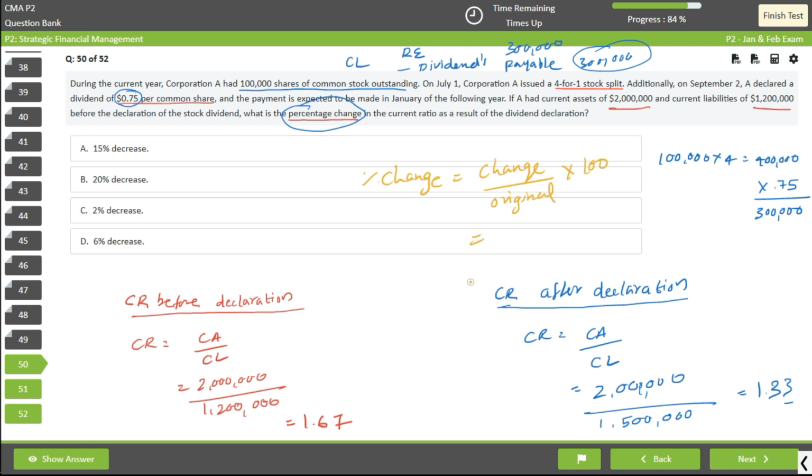So what is change? 1.33 minus 1.67, by 1.67, into 100. So this will give you a percentage change of 20.35, and which is a 20% decrease.